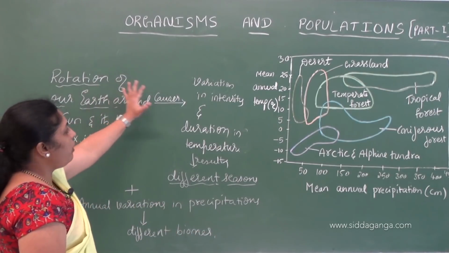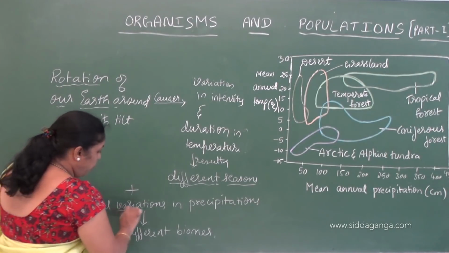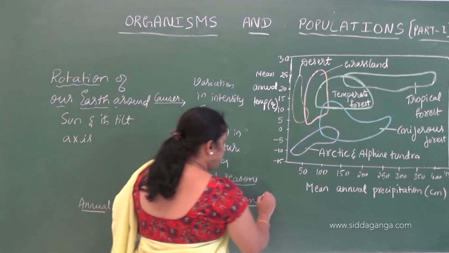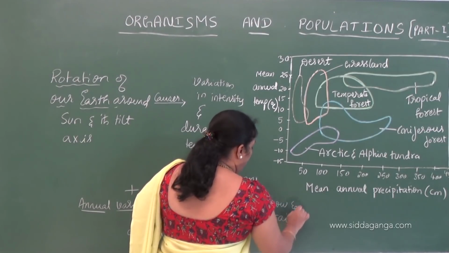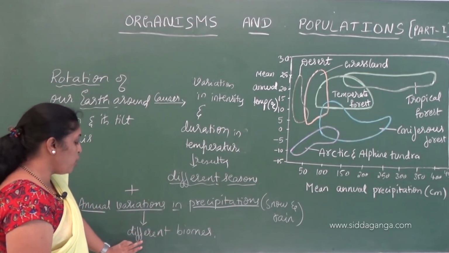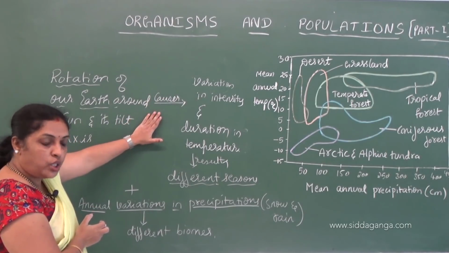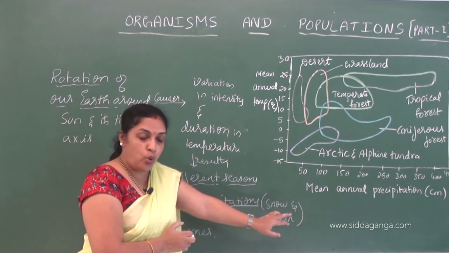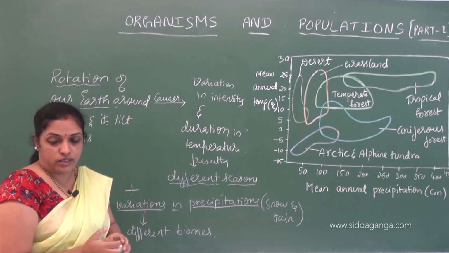See, along with these variations, annual variations in precipitation, which includes both snow and rain, give rise to the formation of different biomes. Understood? Along with these variations, annual variations in precipitation that include snow and rain give rise to different biomes on this earth.